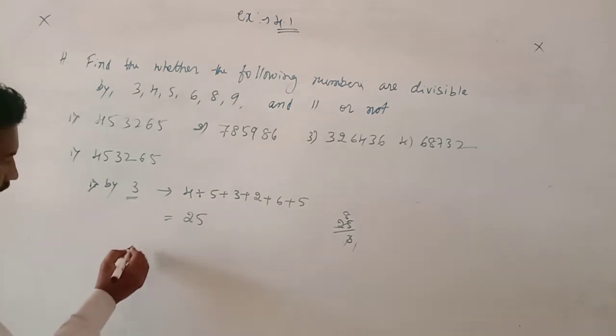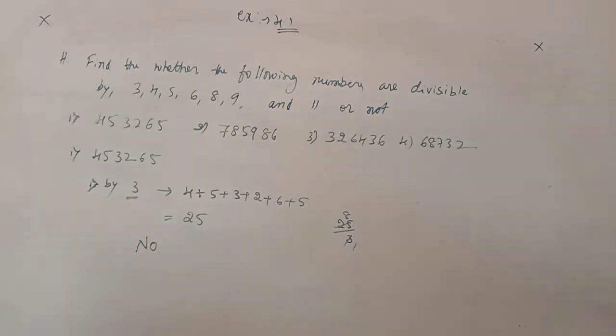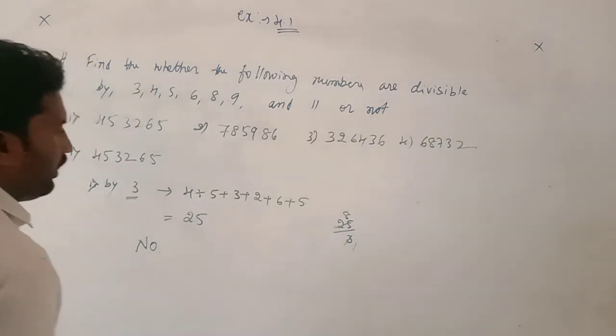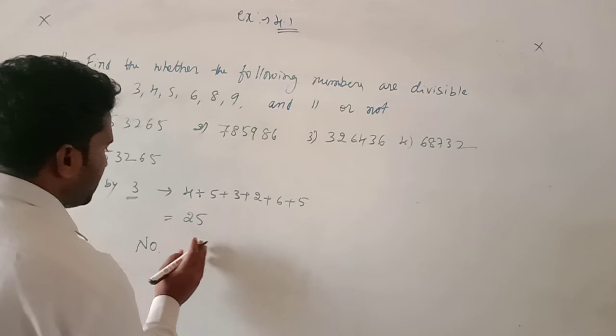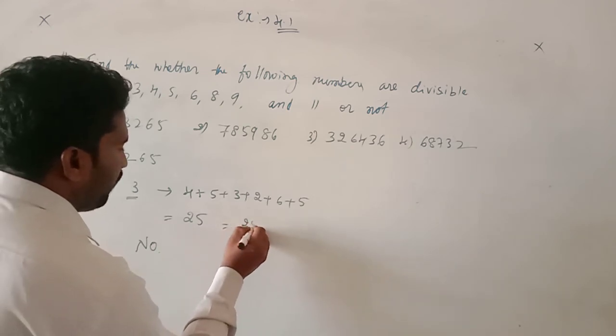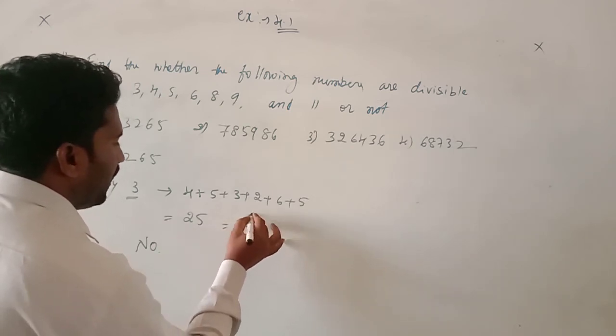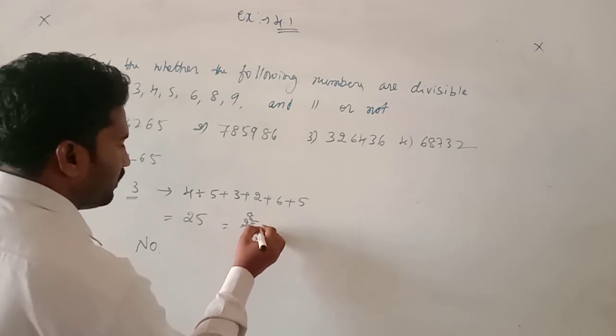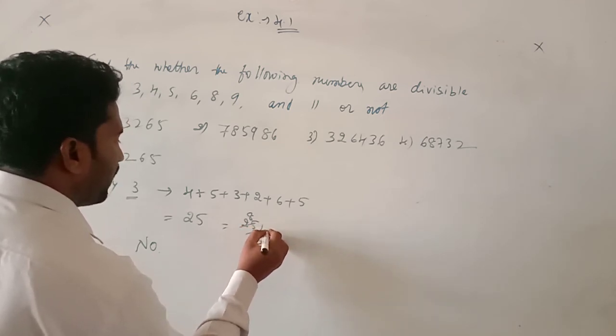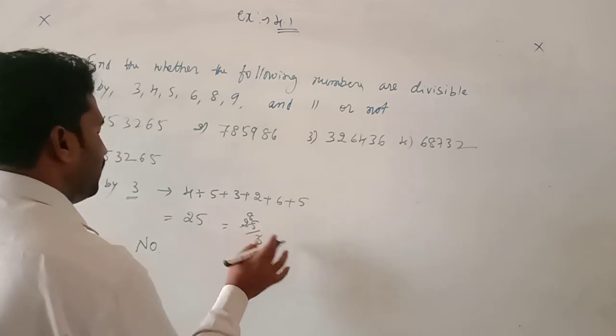So 25 is not divisible by 3. When we divide 25 by 3, it is getting remainder one. So it is not dividing. Okay.